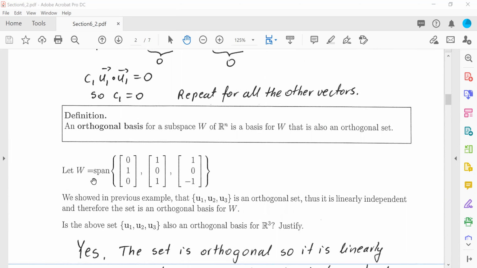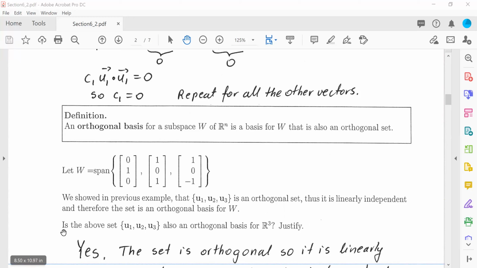So let W be the span. We showed in the first example, exactly this example above, that the same vectors are orthogonal. Orthogonal vectors are linearly independent, and I have the span, so that means this is linearly independent. That means this is a basis, and because we showed it's a basis and it's orthogonal, we call it an orthogonal basis.